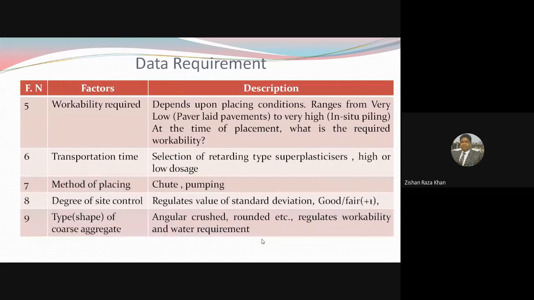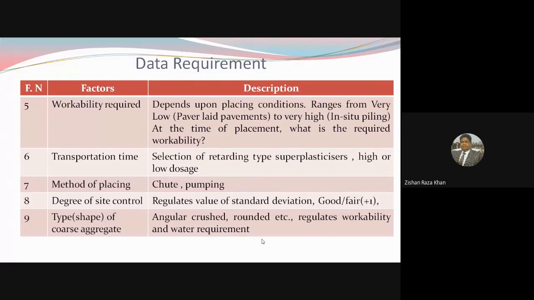The next important point is the workability required. You need to decide how much workability you need, and it depends basically on the placing conditions. Ranges vary from low to very high. If you are designing the concrete mix for pavements, mostly, if it is a roller compacted pavement, then very low workability is required.